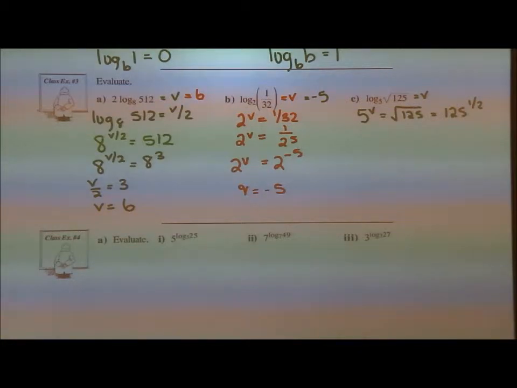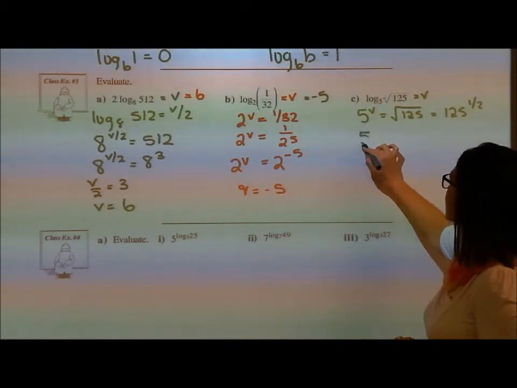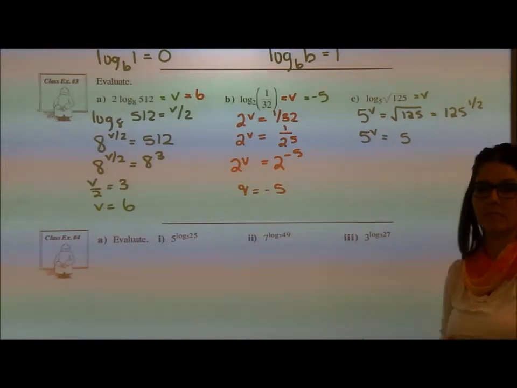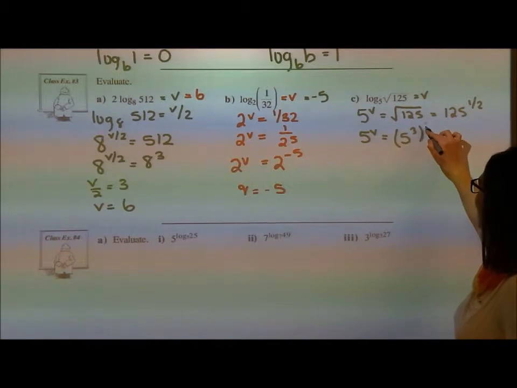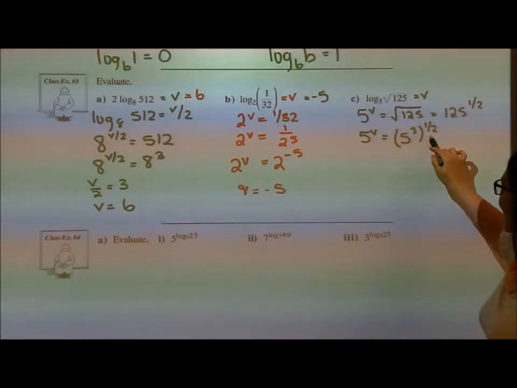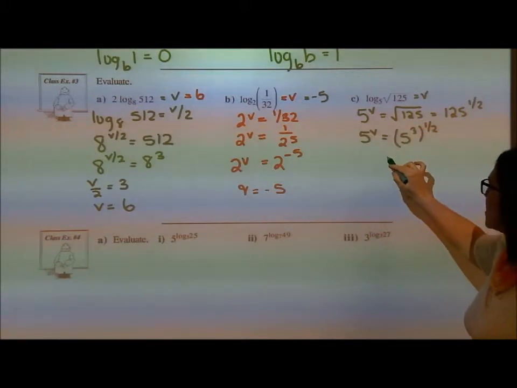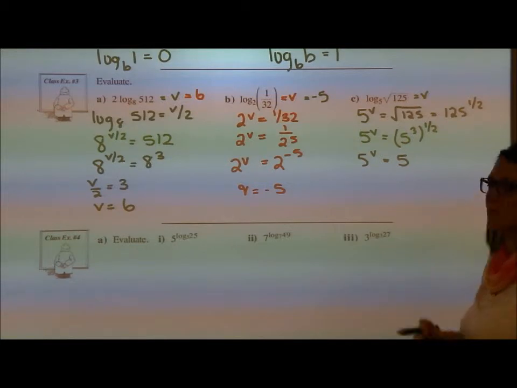Can I write 125 as a base of 5? 5 to the power of 3. And then that's raised to the power of 1/2. So together, what would I have here if I simplify 5 to the power of 3 to the power of 1/2?